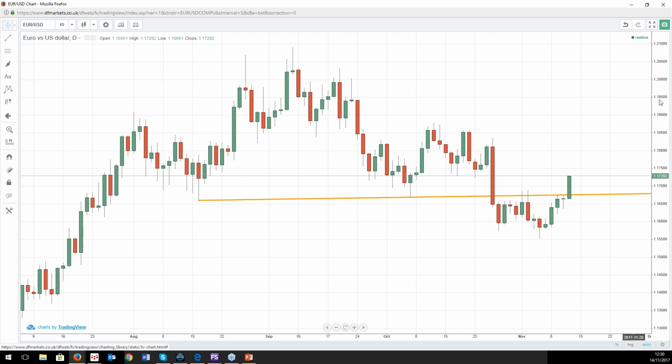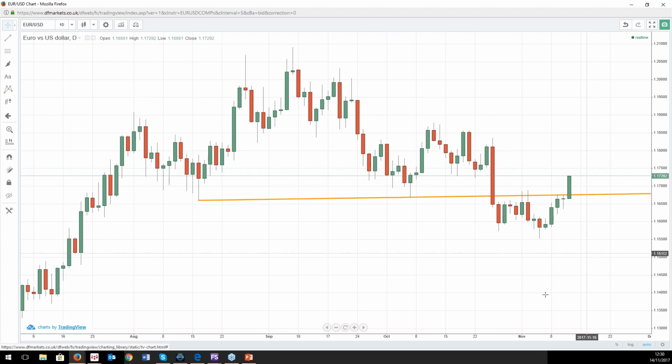And we need to rethink our recent bearish skew. We need to maybe get out of some of those short euro US dollar trades, and that's exactly what we've been seeing today, I think, people getting out of those particular trades. So that is a head and shoulders top.